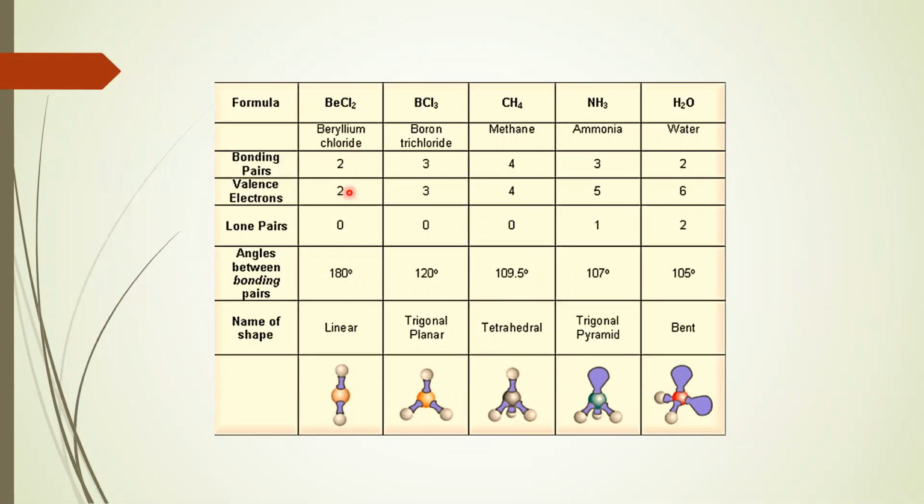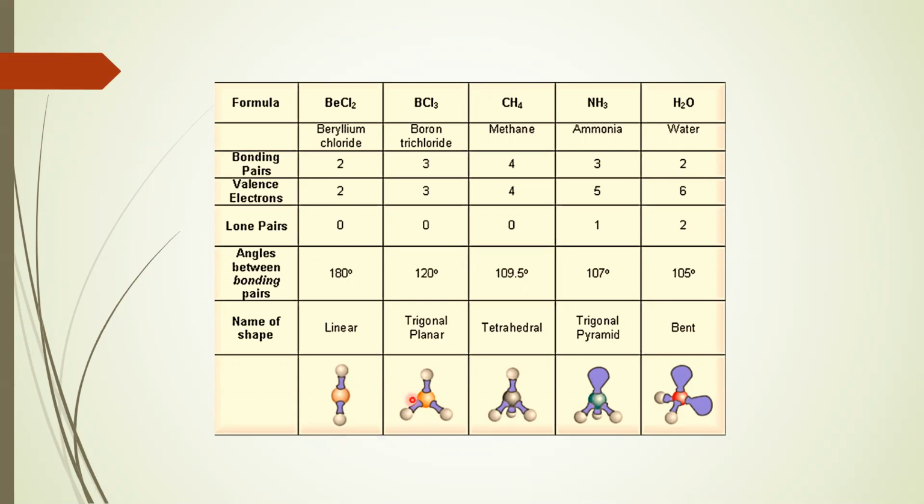So 2 electrons are there at the outermost shell, hence 2 electrons are there for bonding. So 2 bonding pairs, and it does not have any lone pair because beryllium is getting bonded with 2 chlorine atoms, so 1 is utilized by each chlorine atom. I suppose this is clear to you, right? It possesses a linear structure and the angle between the bonding pairs is 180 degrees.